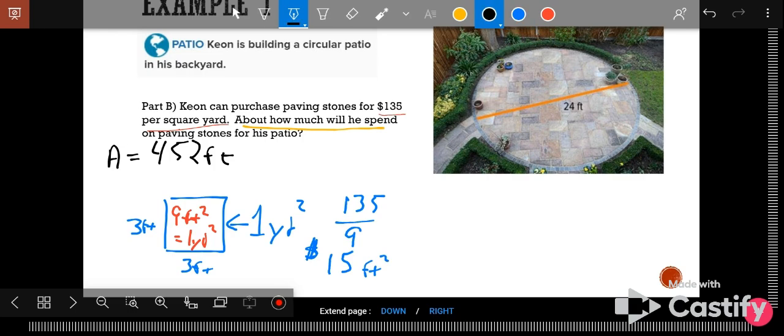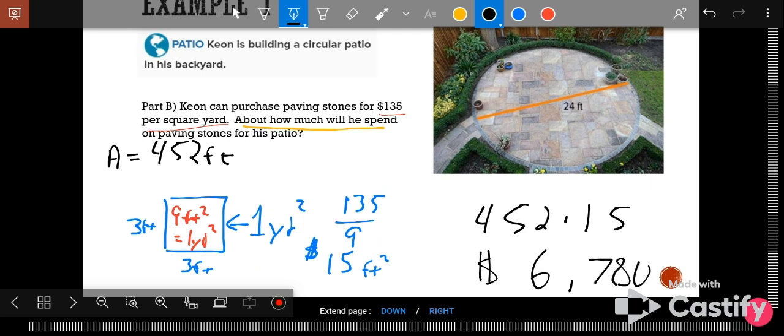And now that we know the cost per square foot, we just take our area, 452, times 15, and we get that the total cost is $6,780. It's obviously a lot nicer and a little bit easier to understand if they kept the unit the same.